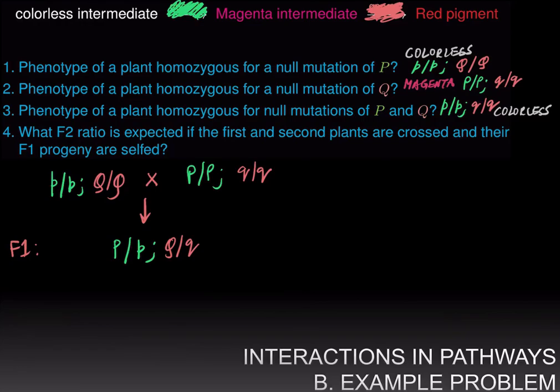And this individual will be making both the enzymes, since they have one big P allele, and they will make the enzyme to convert the colorless intermediate into the magenta intermediate. Similarly, they have a big Q allele, which will make the enzyme to convert the magenta intermediate into the red pigment, and therefore they will end up being red.